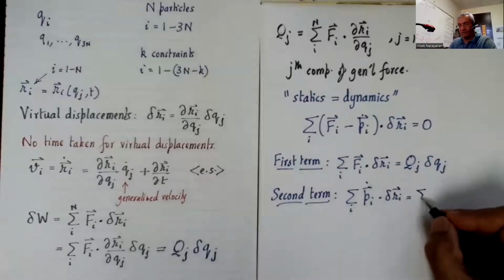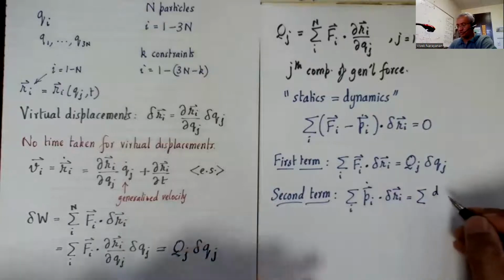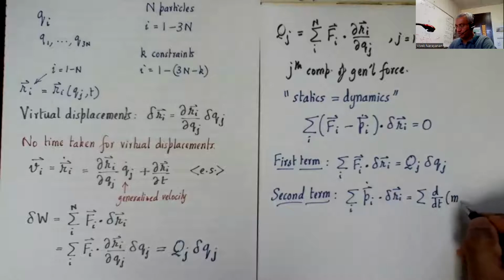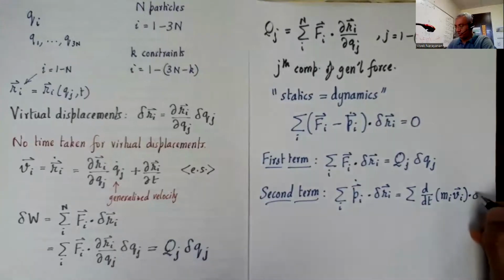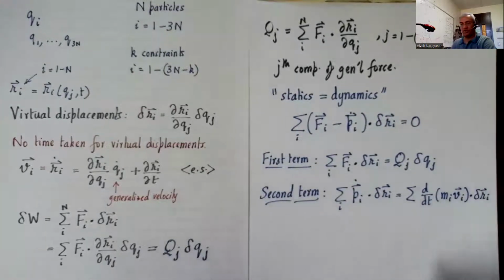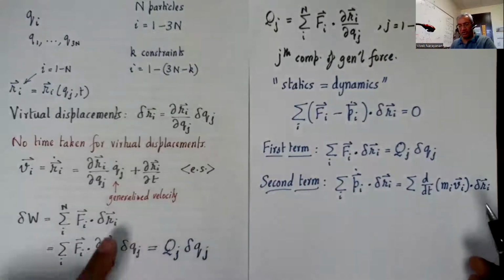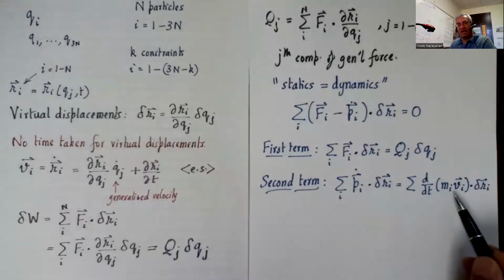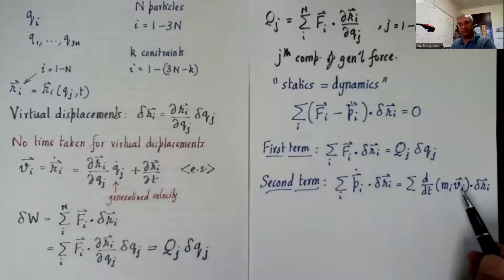And now we can write what Pi is. Pi is just, this dot is d by dt, so d by dt of the momentum, which is mi vi, dotted with the virtual displacements, delta Ri. Now the virtual displacements are right there, so I'm going to copy that down. And meanwhile, the masses do not change with time, so when I differentiate, I'll just get the rate of change of velocity.